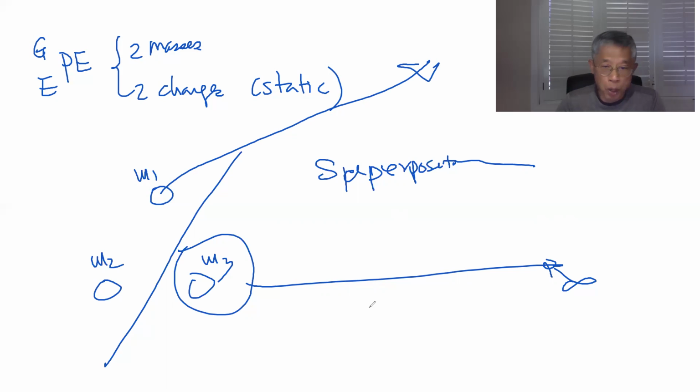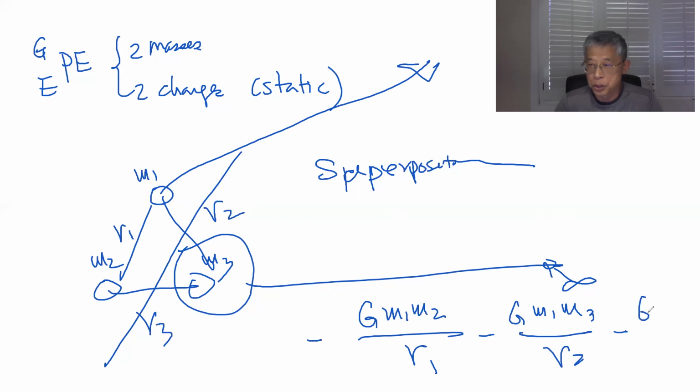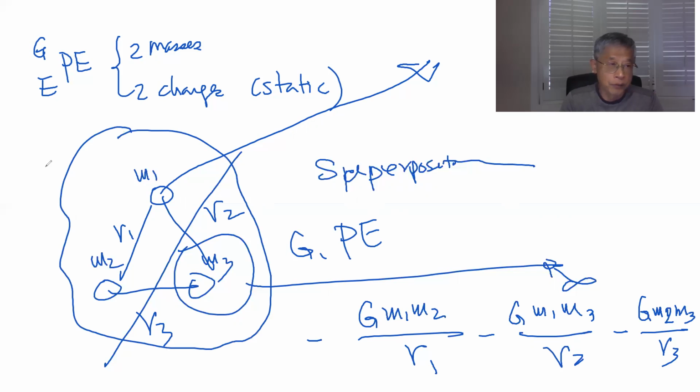In this case, it will be minus G M1 M2 over R1, minus G M1 M3 over R2, and this one here, call that R3, minus G M2 M3 over R3. You add them together, and this is the gravitational potential energy for this system of the three masses.